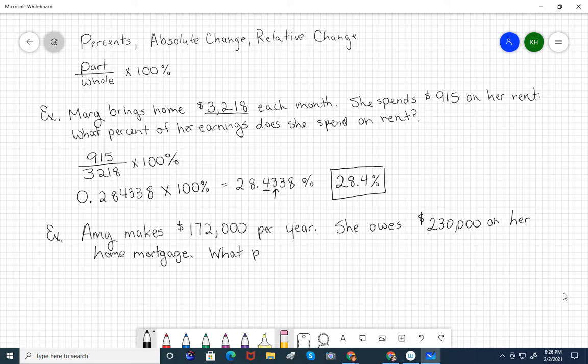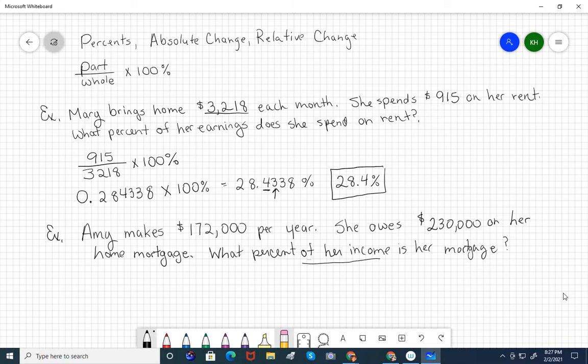What percent of her income is her mortgage? This really isn't a part over the whole question exactly, but they're telling us what the base is.